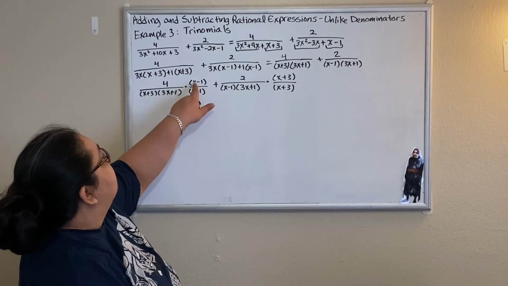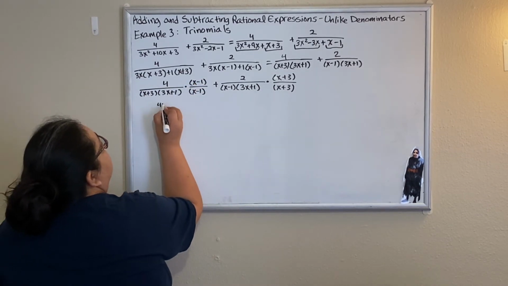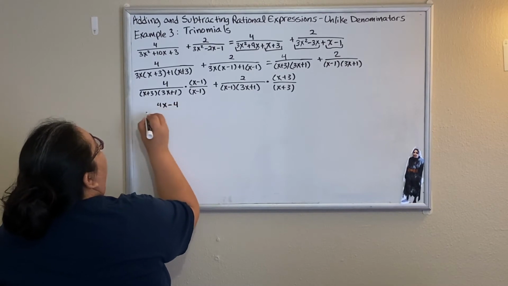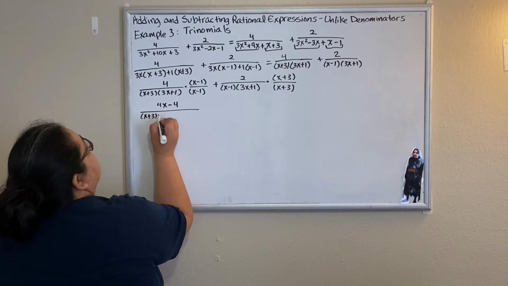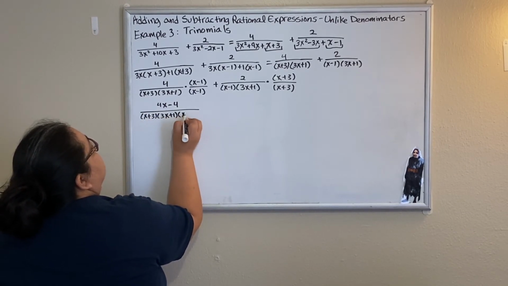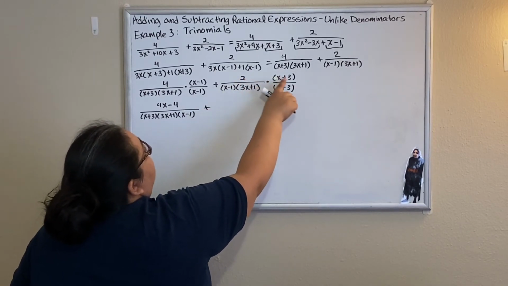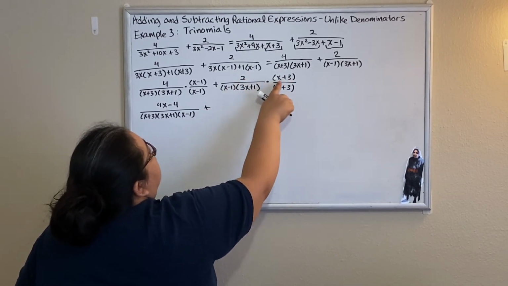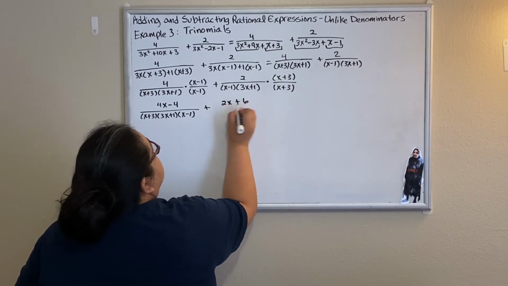So 4 times x minus 1, well, that's going to be 4x minus 4. And now in my denominator, I have x plus 3 times 3x plus 1 times x minus 1. Plus, and now if we multiply in the numerator across in the second term, 2 times x plus 3 is going to be 2x plus 6.